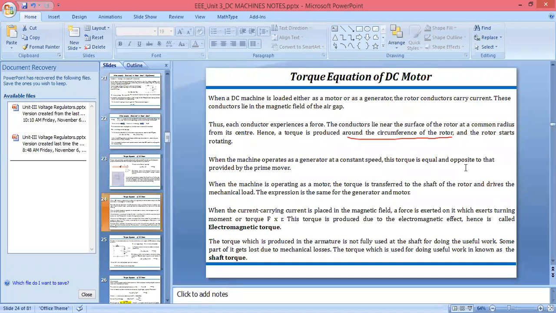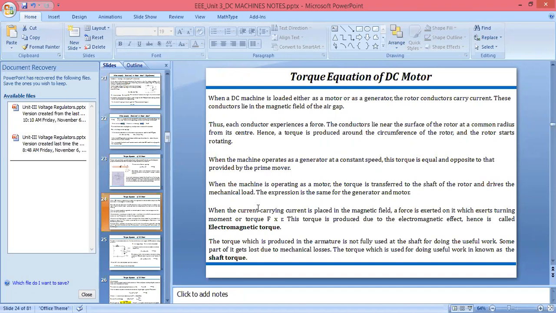And when the DC machine is working as a DC motor, the torque is transferred to the shaft of the rotor and it will drive the mechanical load, because it is converting electrical energy into mechanical energy. So at the output it will drive the mechanical load, and the expression for the DC generator and DC motor will be the same.